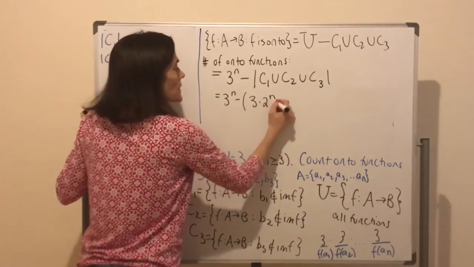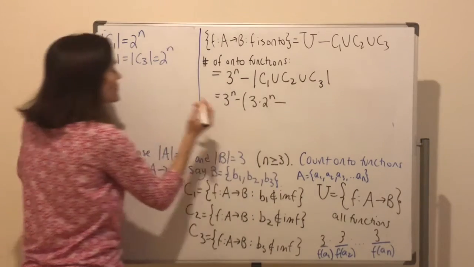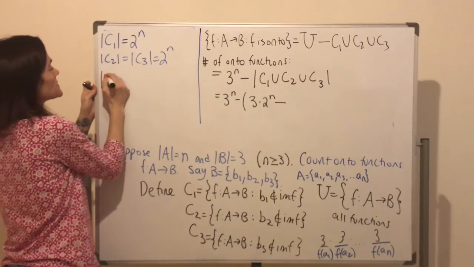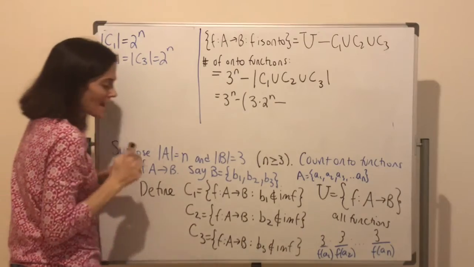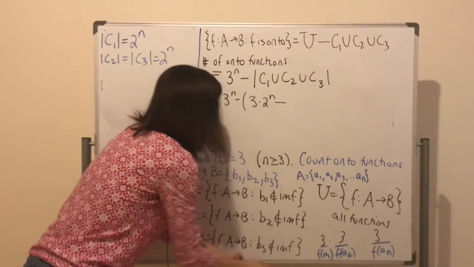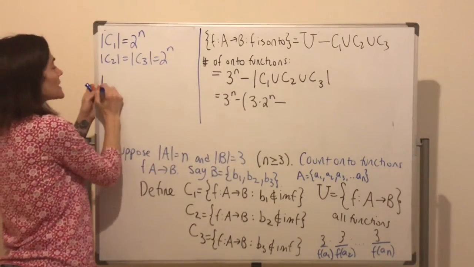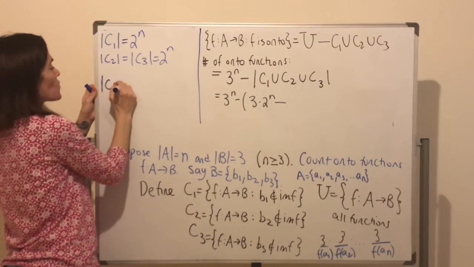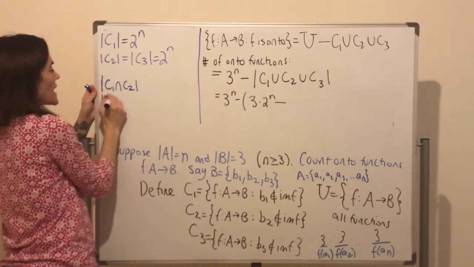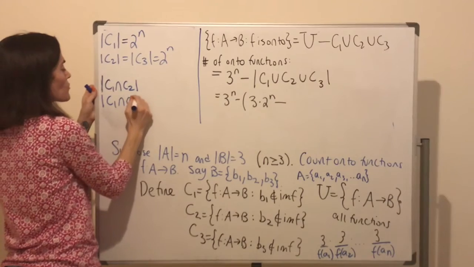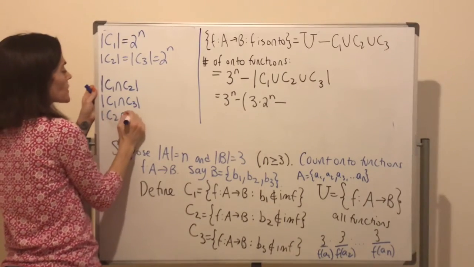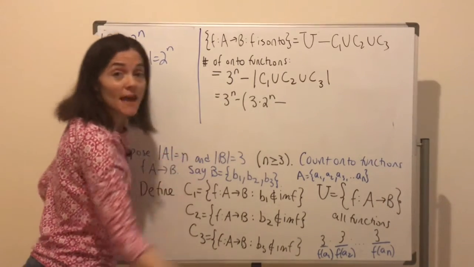Then I have to subtract off the sum of things like this. I'll go back to blue for my side work. In inclusion-exclusion, we have things like C1 intersects C2, C1 intersects C3, and C2 intersects C3. This would be the next term, right?